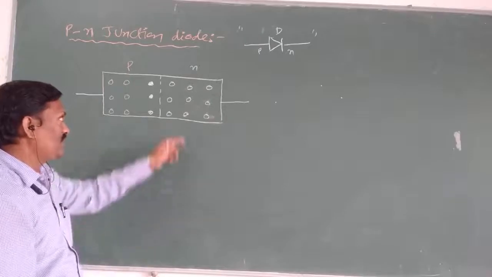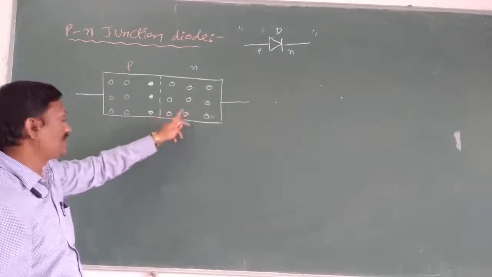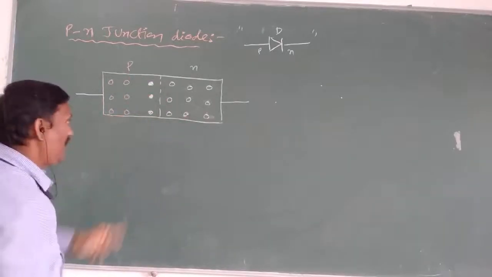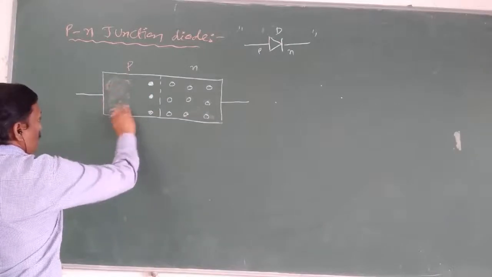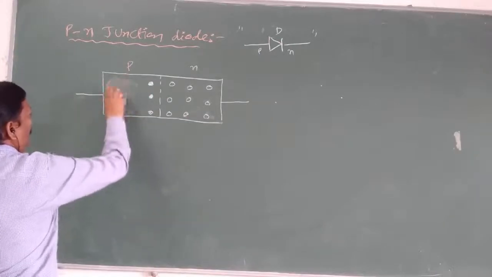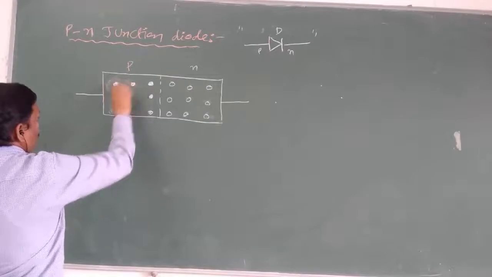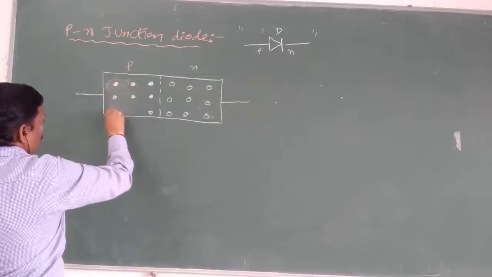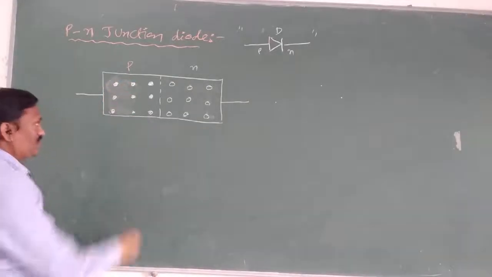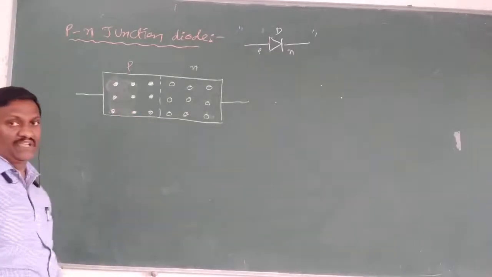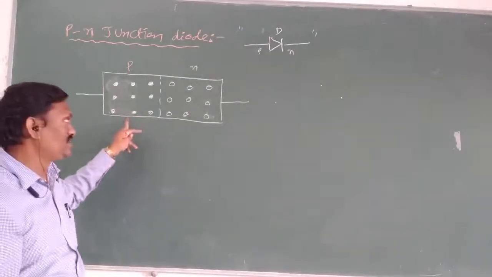Similarly, electrons in the n region cross the junction, enter the p region and occupy the places of holes. All the holes are occupied by electrons. So after some time, the p region is full of electrons and the n region is full of holes.